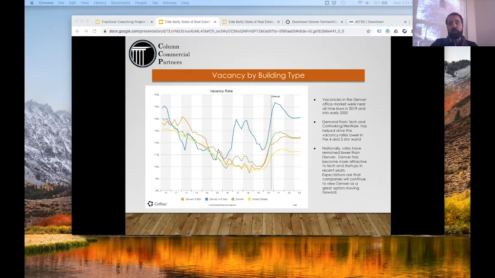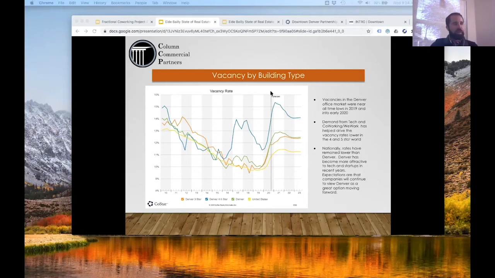But a part of that is as some of these leases are rolling, so ones that had expirations in 2020, a lot of companies are making the decision that there's too much uncertainty. We have to work remotely anyways. We're not going to engage in a long-term lease obligation. As we look at this chart, the expectation is that things will level off.